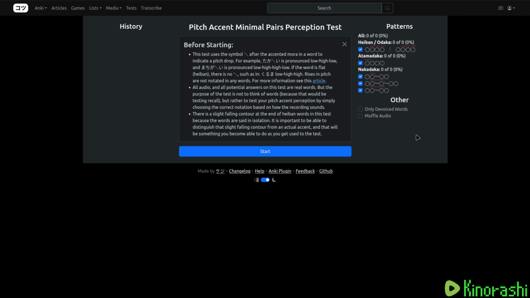Okay, so Heiban is low, and then the rest high, including the particle.